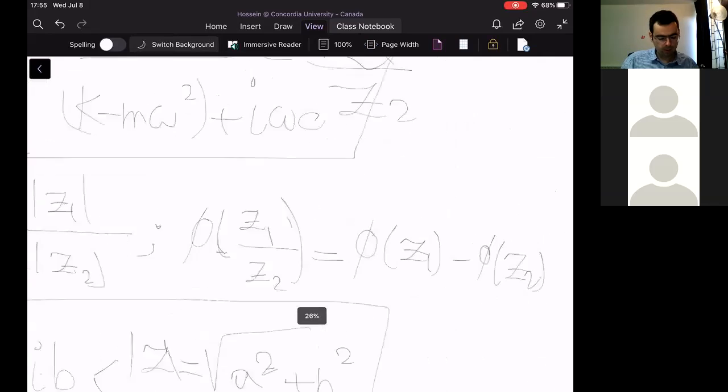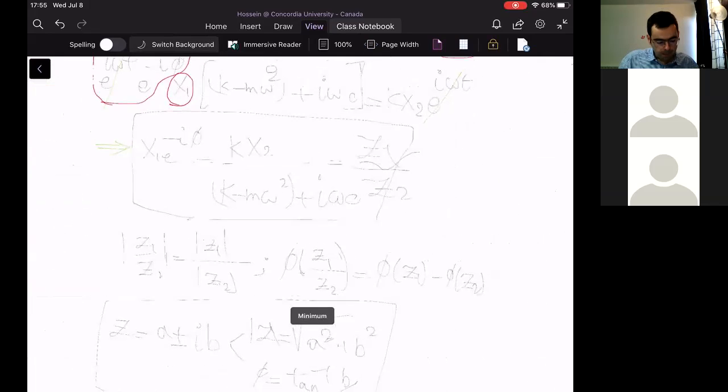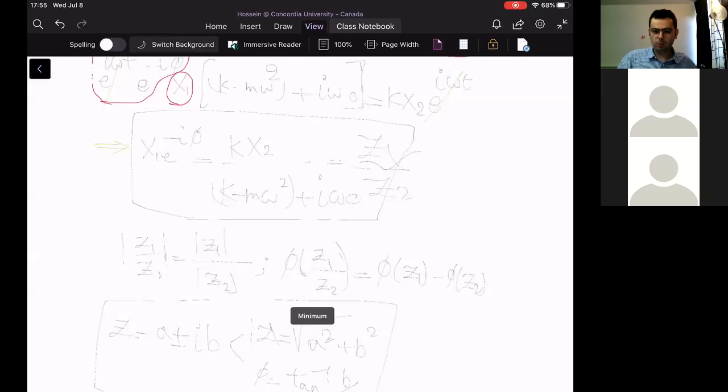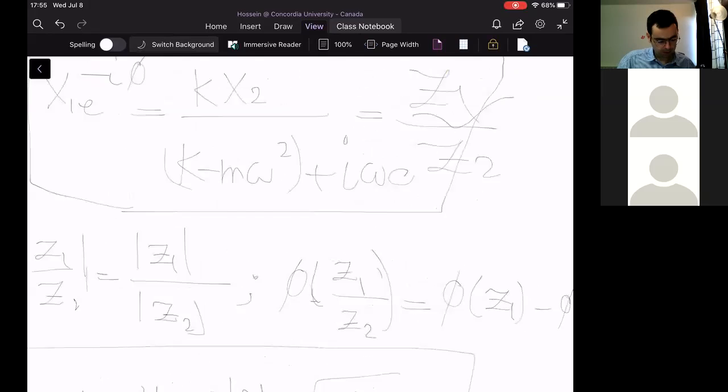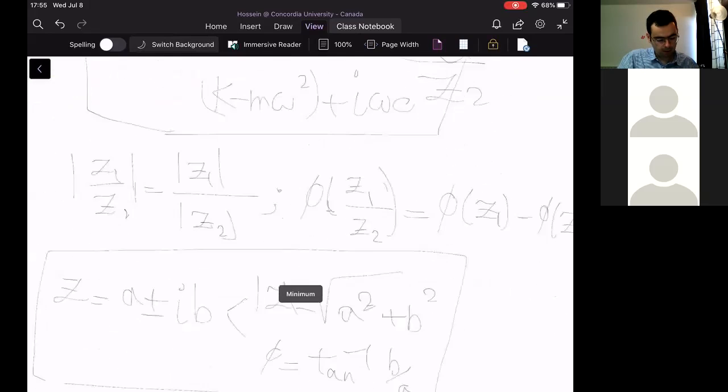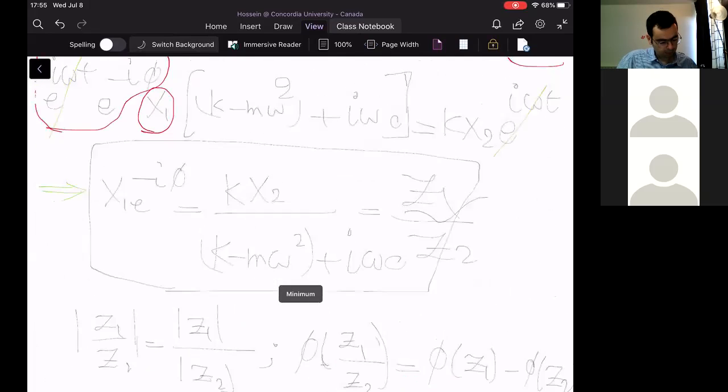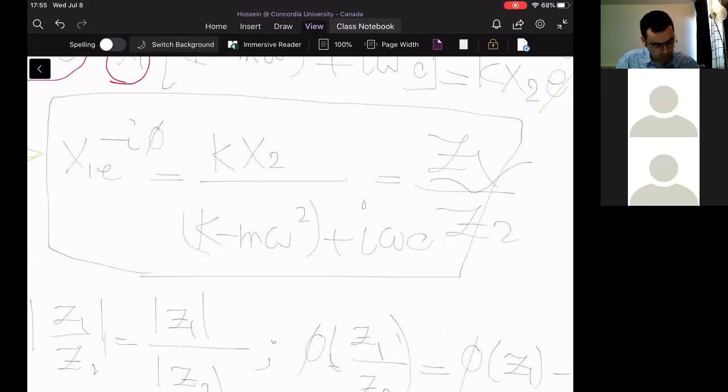We have these two formulas, and then we can apply them to find the corresponding phase and magnitude of the right-hand side of this equation, from which we can then find the phase and magnitude of x1.